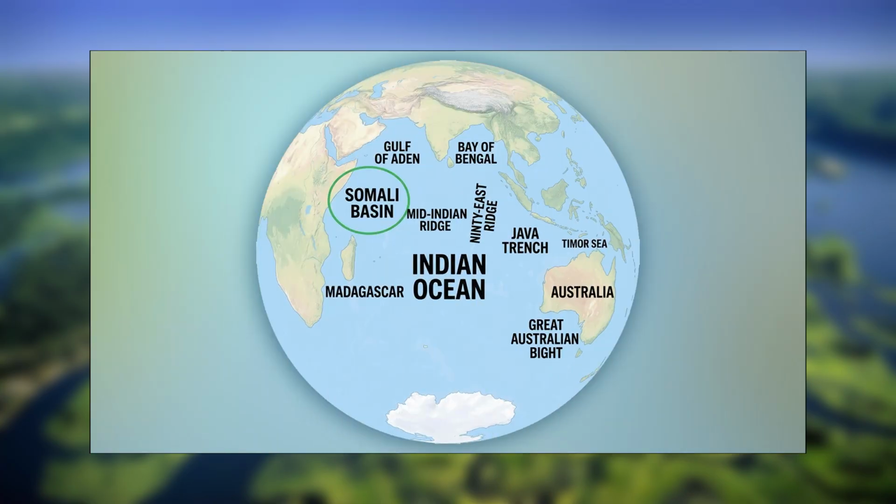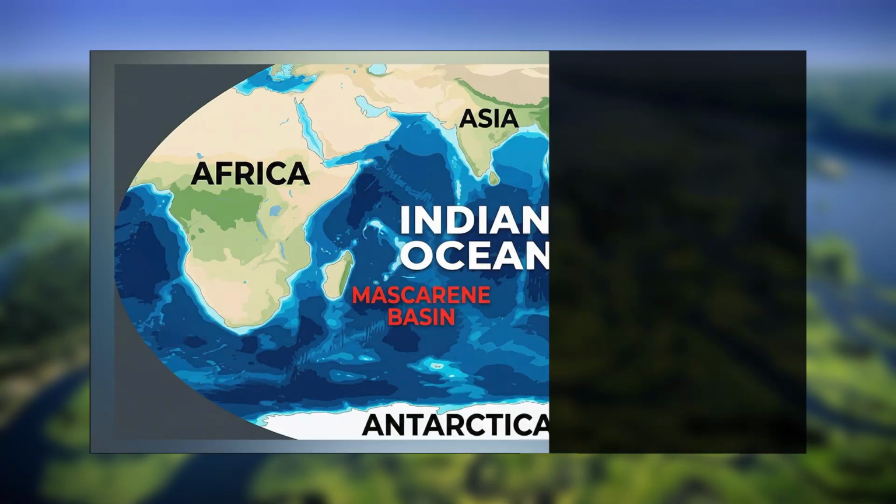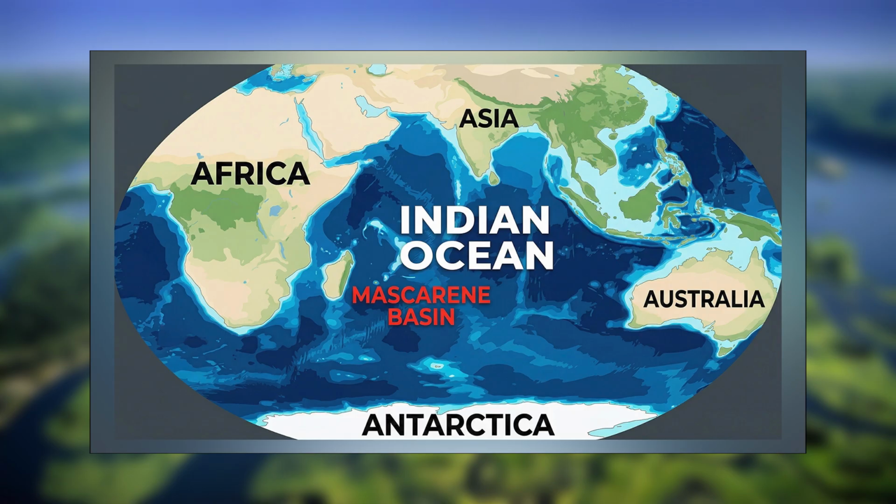To its south, the Somali Basin is enclosed by the Socotra-Chagos Ridge, the Central Ridge, the Seychelles-Mauritius Ridge, and the African continental margin, with an average depth of 3,600 meters. Southeast of Madagascar, the oval-shaped Mascarene Basin lies between the Madagascar Ridge and the Seychelles-Mauritius Ridge.